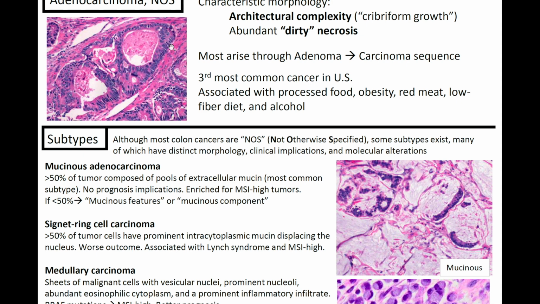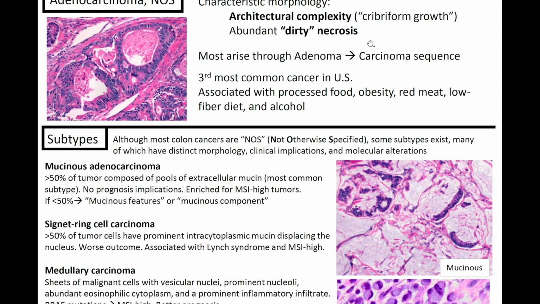You can even see necrosis on a cytology specimen. If it's possibly metastasized to the liver or somewhere else, you can see necrosis, which can be indicative of adenocarcinoma, but particularly colon cancer.